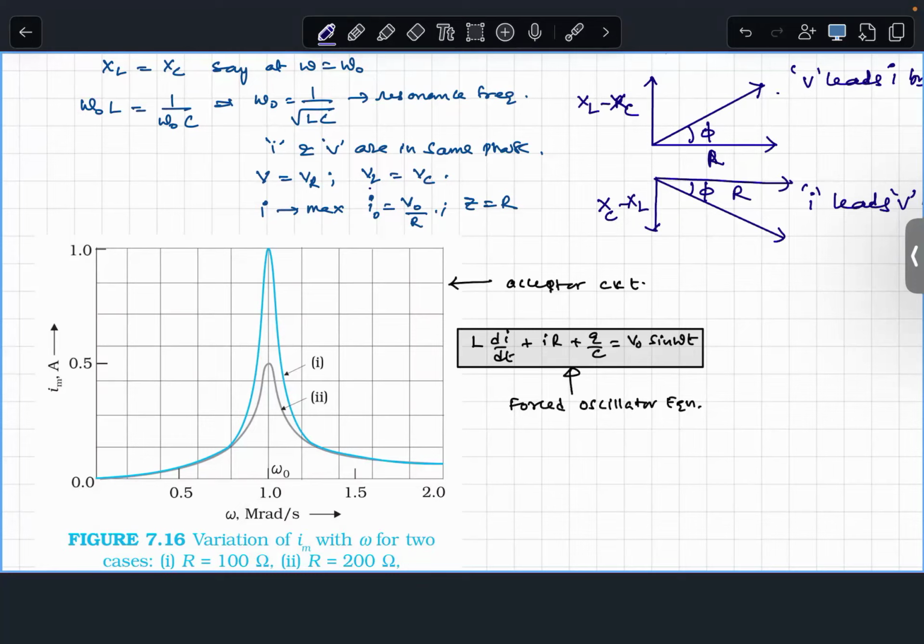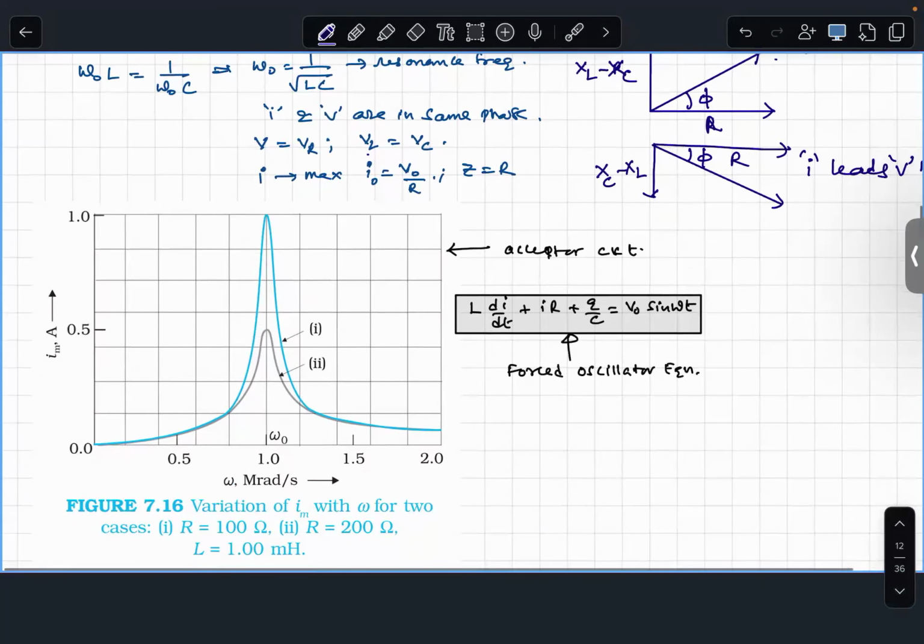Notice one is blue color, the other is a darker one. One is the graph for very low resistance. Two is the graph for relatively higher resistance. As the resistance increases, the peak sharpness comes down. What happens when R tends to zero? Infinite current.